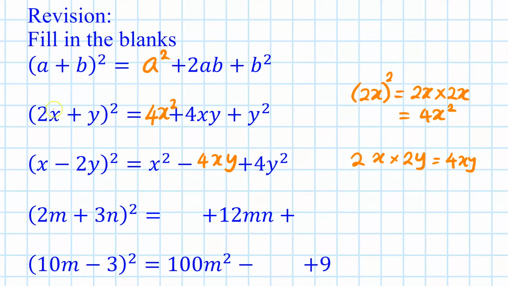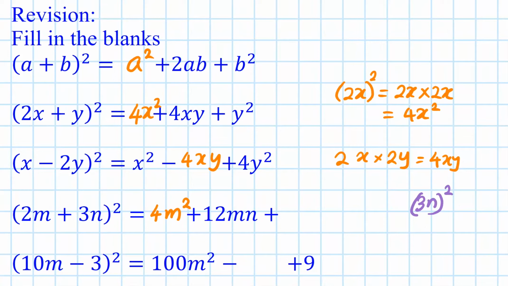We saw that earlier. 2m squared becomes 4m squared. The last term is 3n squared. So let's calculate that. It is very important to put brackets because the square governs the number 3 as well. Hence we write 3n times 3n, which gives 3 times 3, 9n squared. Therefore, our final term is 9n squared.